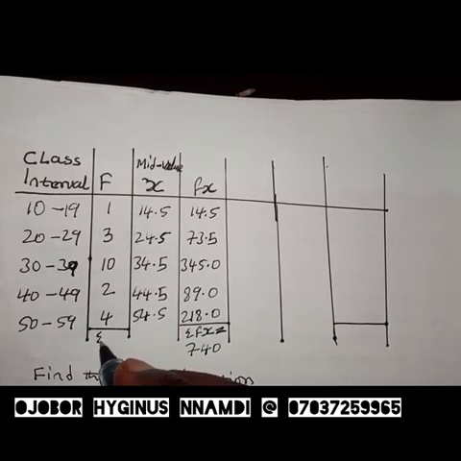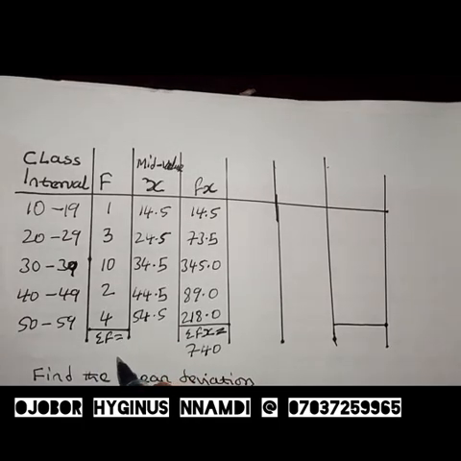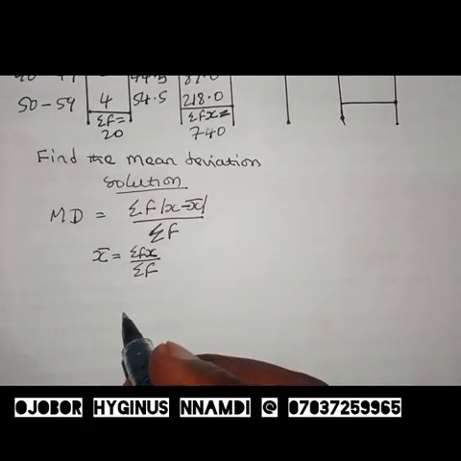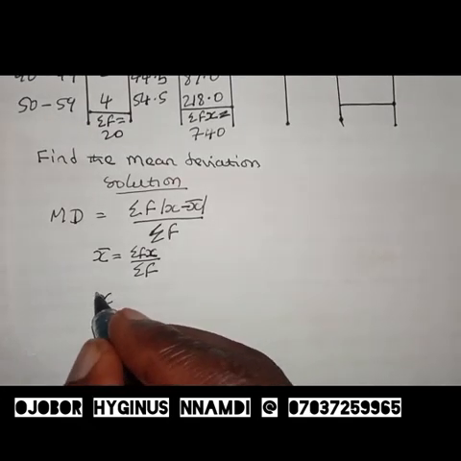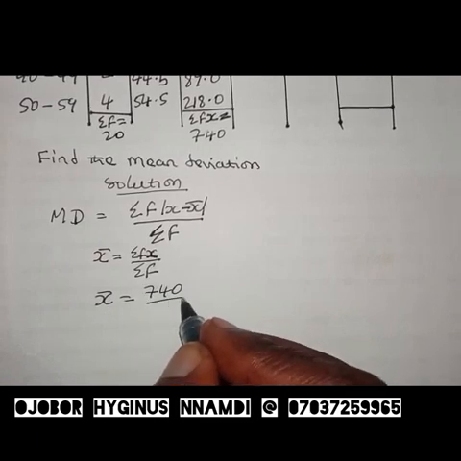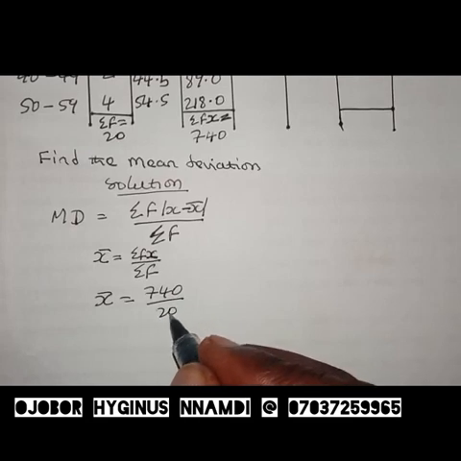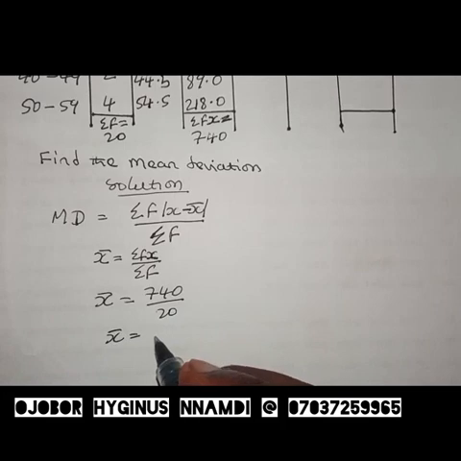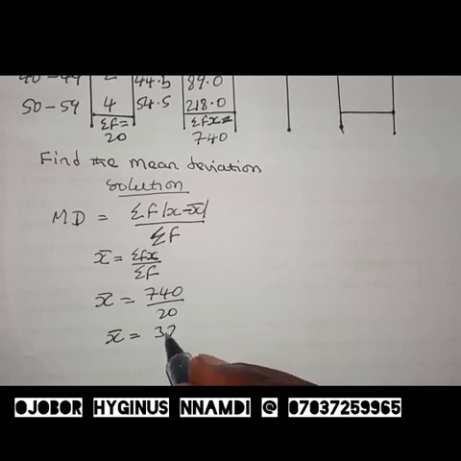Then again we'll sum the frequency, and then it is going to give us 20. Summation of the frequency is 20. So coming back, the mean therefore is equal to 740 divided by 20 and therefore the mean is equal to 37.